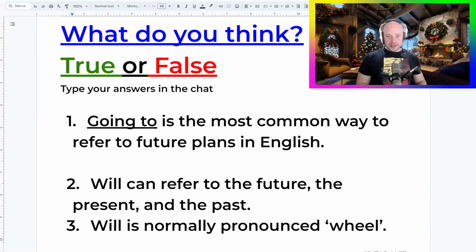My cats are great. When I get home, they'll climb on my lap and they'll purr away all night. So that's an example of using will in the present, and an example of using will in the past.